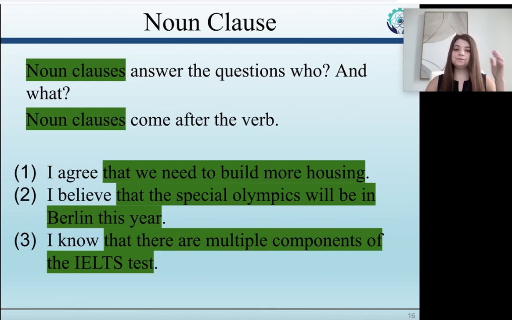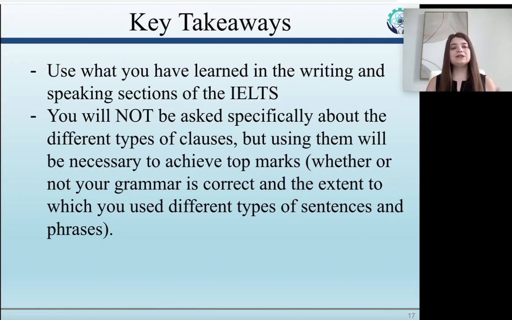So there we go. All right, so let's talk about some key takeaways here before I go for the day. Some key takeaways for not just today's class, but in general, these grammar classes, that I want to make sure I get across and will repeat consistently, are that what you have learned in this grammar course is going to be important for the writing and speaking sections of the IELTS, right?